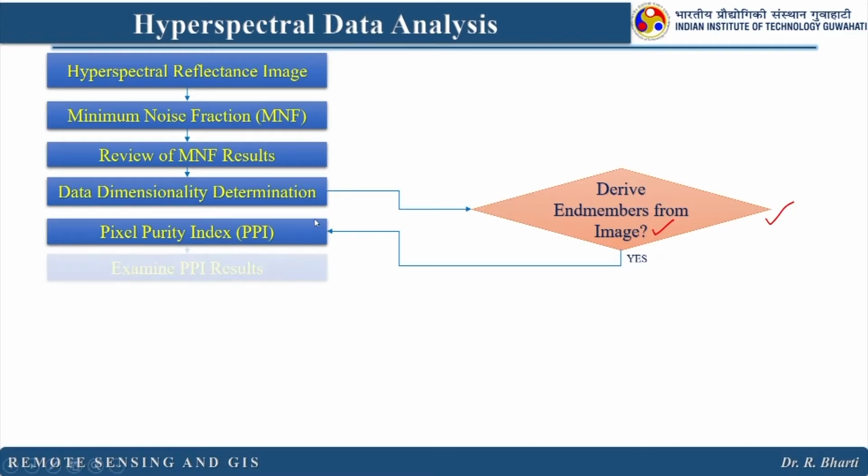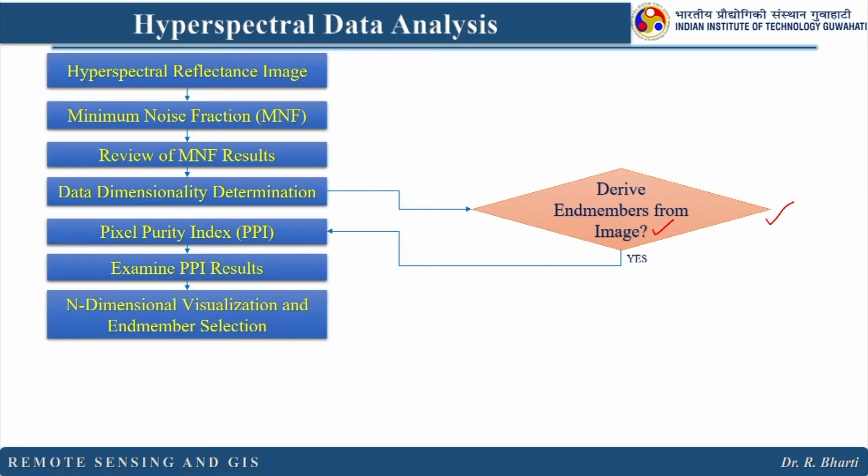Using that we can derive the end members from this image, right? We will discuss this in detail. Then we will examine the PPI result and plot everything in the n-dimensional visualizer so that we can perfectly identify the end members. If we don't apply this n-dimensional visualization technique, what can happen? The selected end members can be regular or mixed pixels, right?